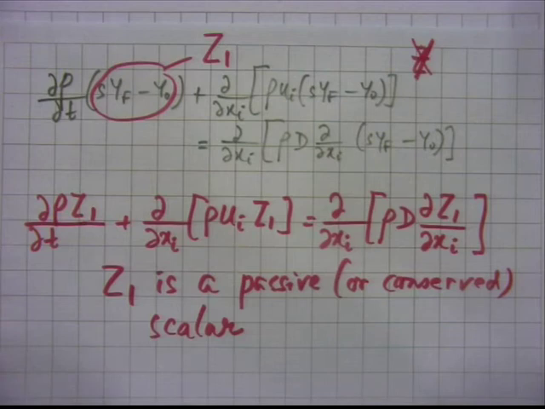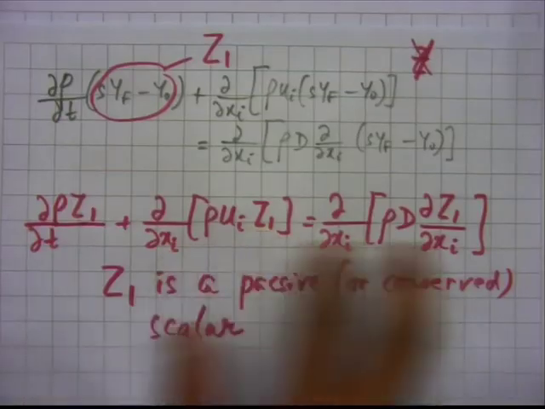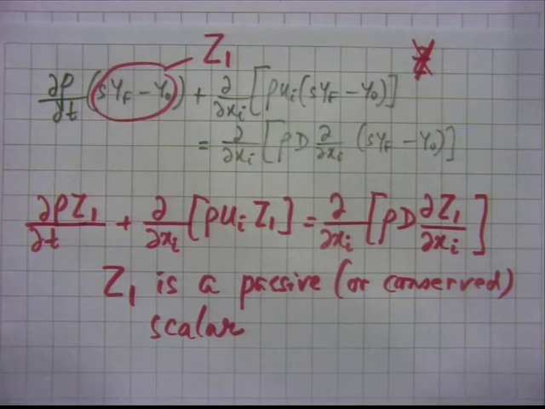Why? Because it doesn't have a source term. So what is Z doing? Z is just moving because of convection and diffusion. It's getting distributed because of convection and diffusion. Because you have convection here and you've got diffusion here, that's all Z is doing. But Z is not getting consumed or generated by some kind of source term. So that's why it is passive, and that's why it is conserved.